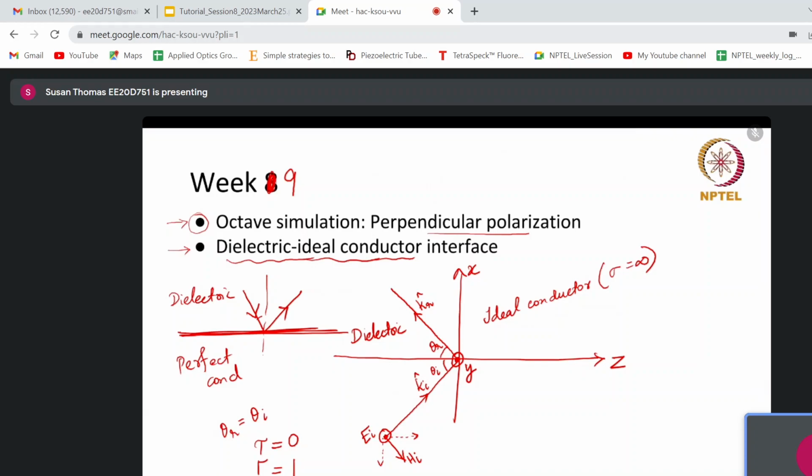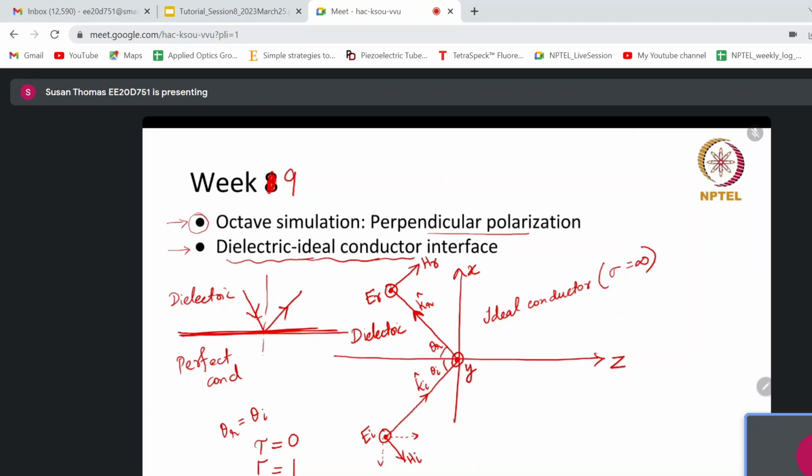Now, the other point to consider here is, let's have a look at the reflected field vectors. So when we say reflected field, this is the direction vector. Now the field can be written as, this is Er, this is Hr.